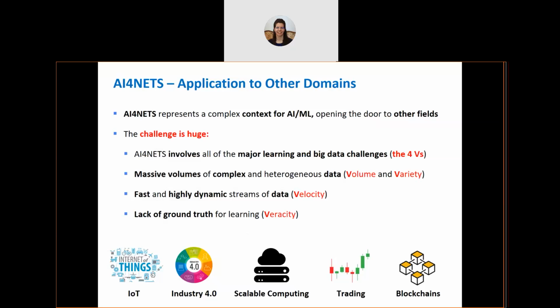In communication networks, we have massive volumes of complex and heterogeneous data. Depending on the vantage point, the type of protocol you are monitoring, and the mix of traffic, you can have very different things.